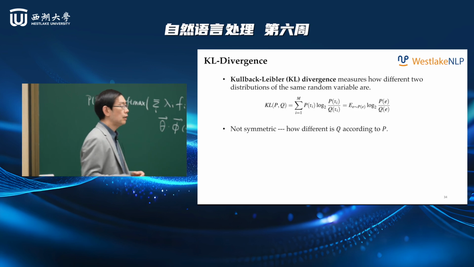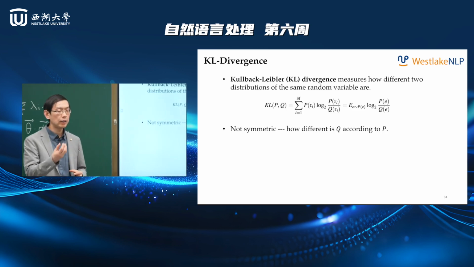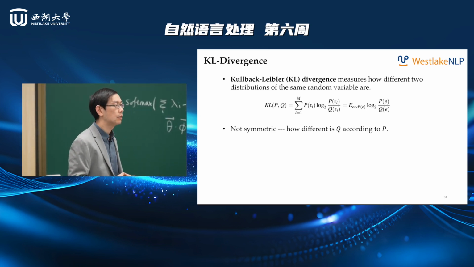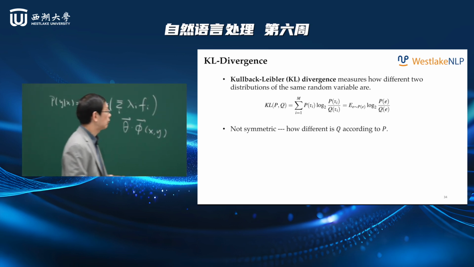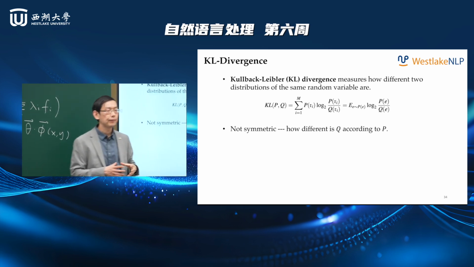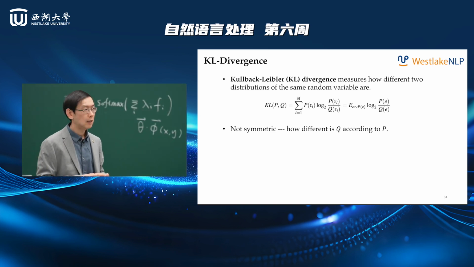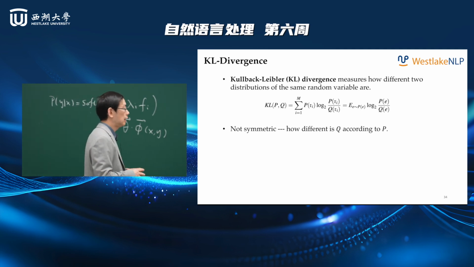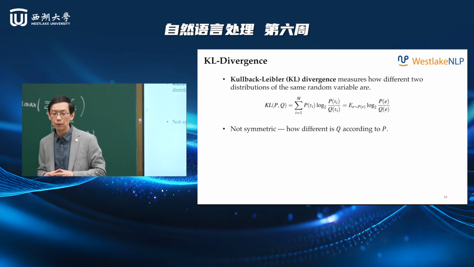If we forget about this P tilde, and say a random variable has capital M different values, the KL divergence between two distributions P and Q will be the sum over all possible outcomes Ri of P of Ri times log 2 P of Ri divided by Q of Ri.